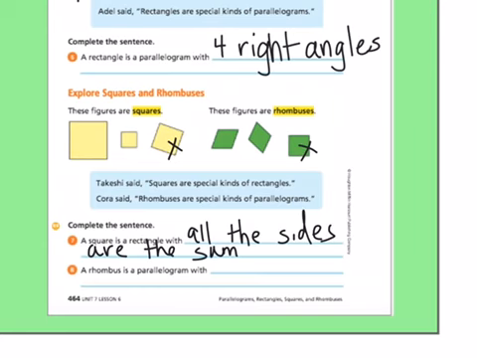Also, you should know that a square is a rectangle because another reason is that a square has two sets of parallel lines. A rhombus is a parallelogram with sides that are all the same length.